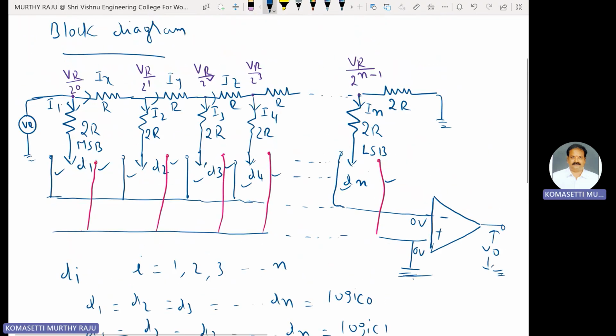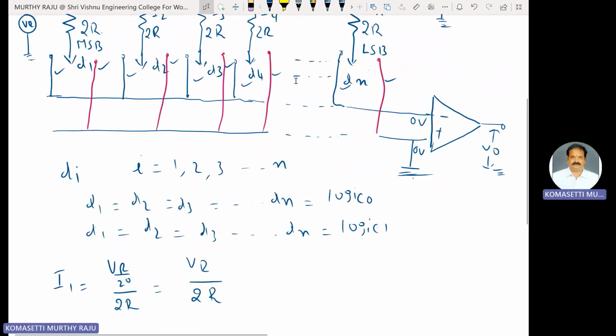This I1 is the current flowing through this 2R resistance. Here the ladder node voltage representation is like that: VR by 2 power 0, VR by 2 power 1, VR by 2 square, VR by 2 cube. Last one is VR by 2 power n minus 1.